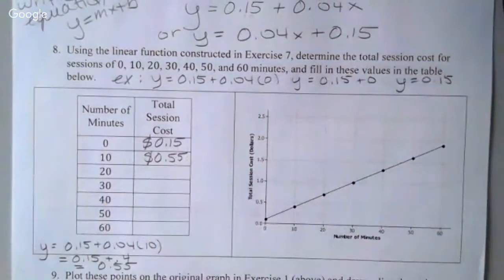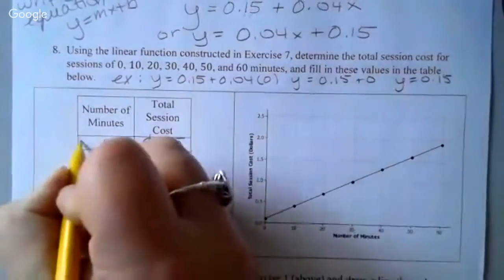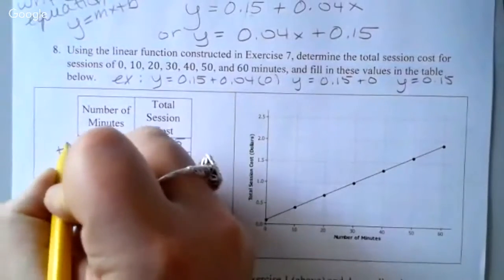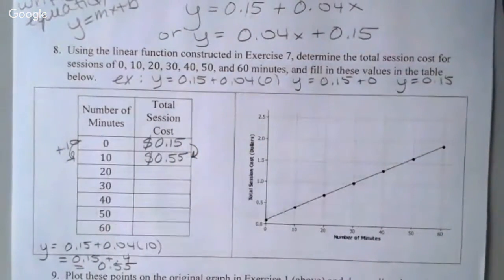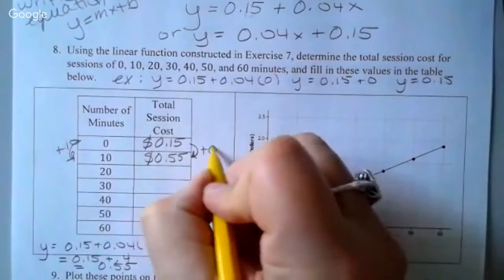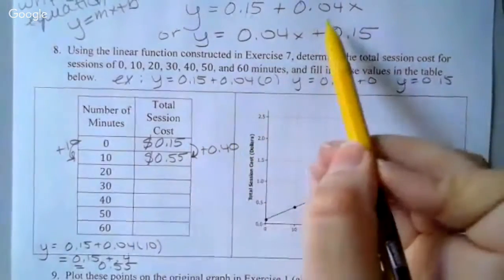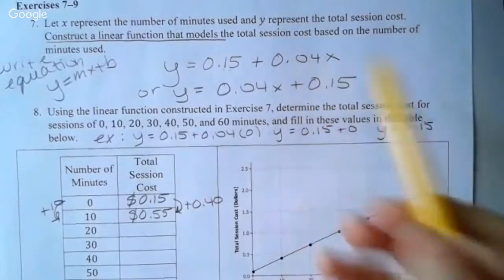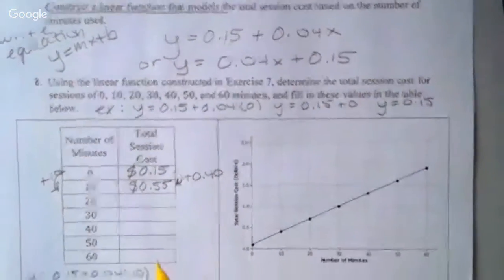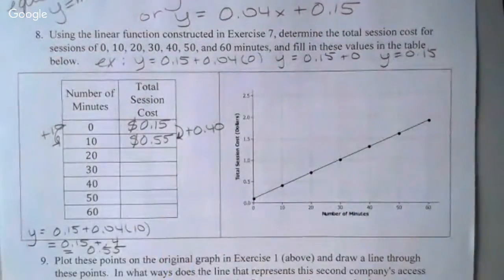And we would continue going in that pattern, or we could recognize that while this goes up 10, this is going from 15 cents to 55 cents, which means it's going up 40, which makes sense because if you look at our equation, it was going up 4 cents per minute, so it would go up 40 every 10 minutes. So now we can just use that to populate the rest of the table.